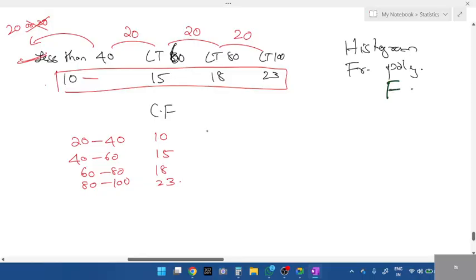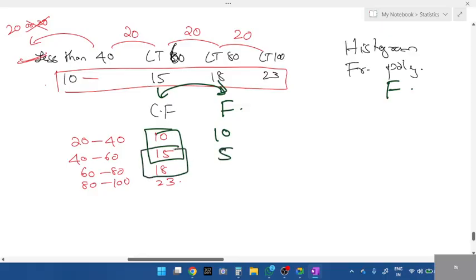If you want to convert from cumulative frequency to frequency, are the values increasing or decreasing? Decreasing. So you have to add or subtract. Keep 10 as it is. For subtraction, subtract this. What is 15 minus 10? 5. Subtract this. What is 18 minus 15? 3. Subtract 23 and 18. You get 5. Is this concept clear? All of you understood?